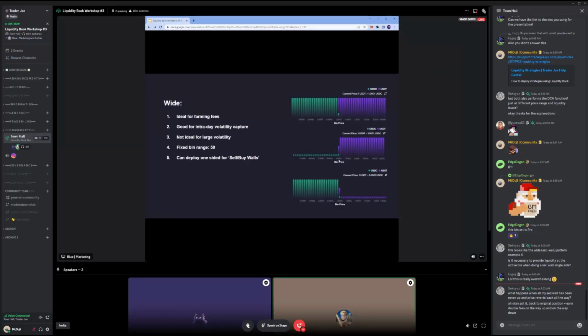If it's a true sell wall, whenever liquidity moves to the right, one can withdraw USDC. So they remove liquidity from that specific section, while keeping all the liquidity to the right side, to the violet side.